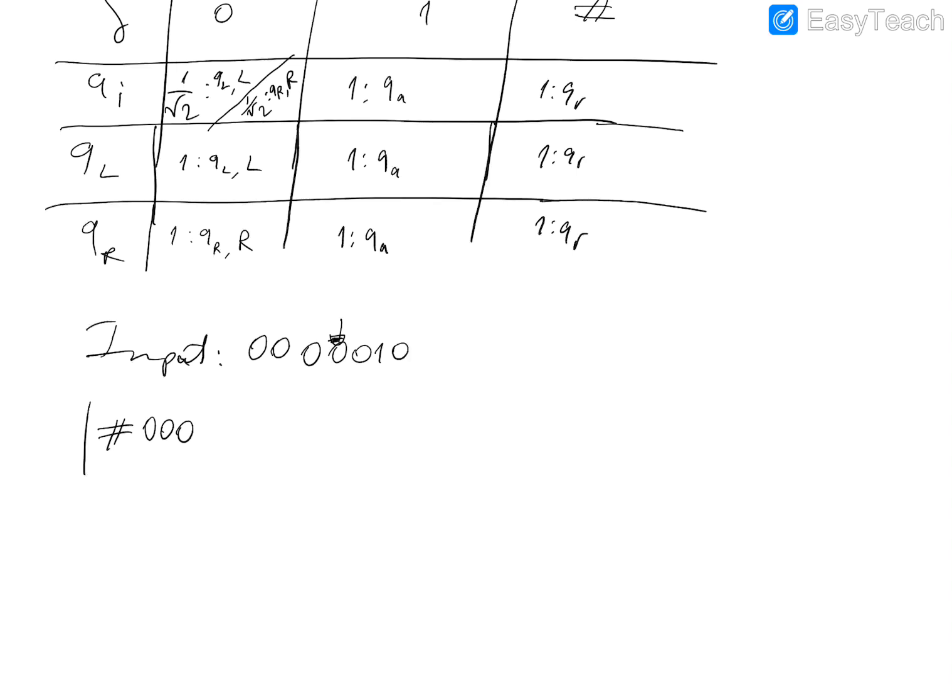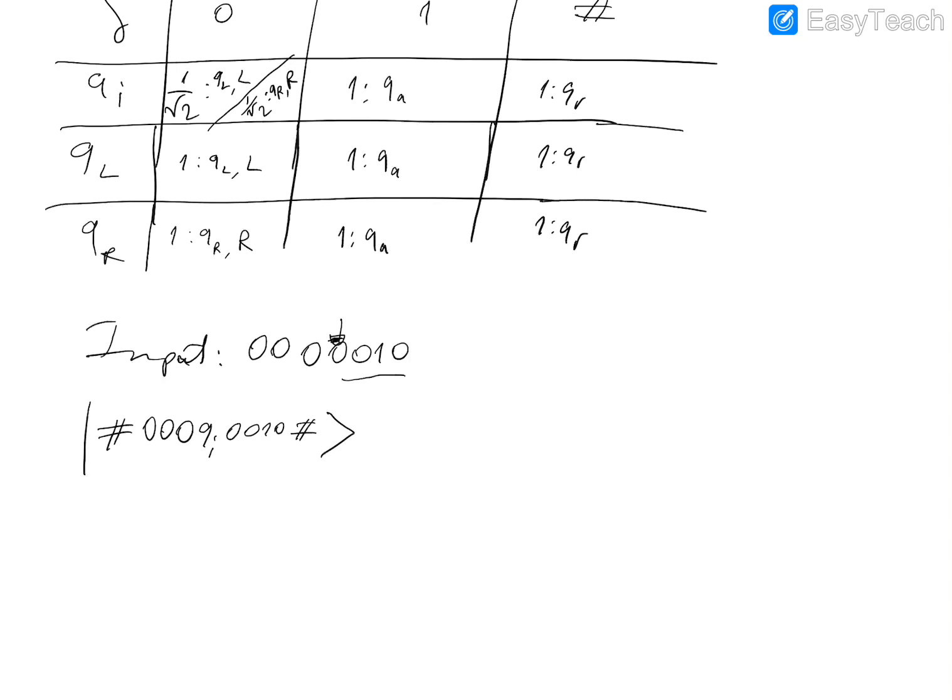The tape head is here, so that means we are in QI. The next symbol that we will read will be 0, and this is the remaining string: 0, 1, 0, and then we have the hash end marker. So we have this configuration.